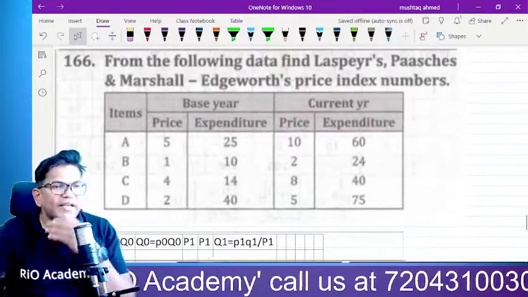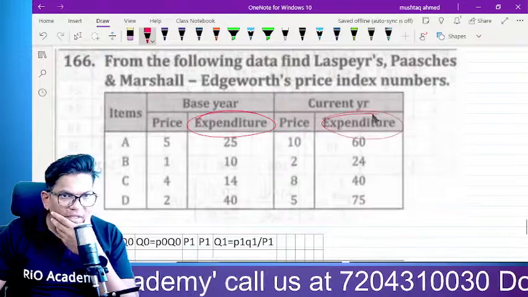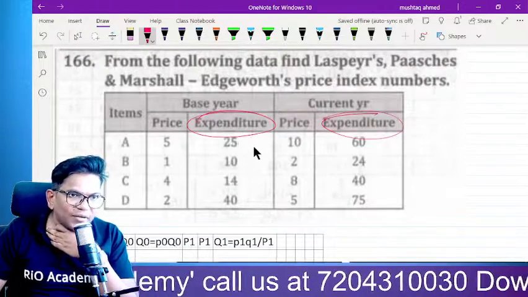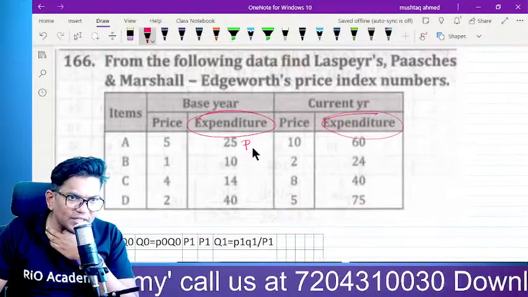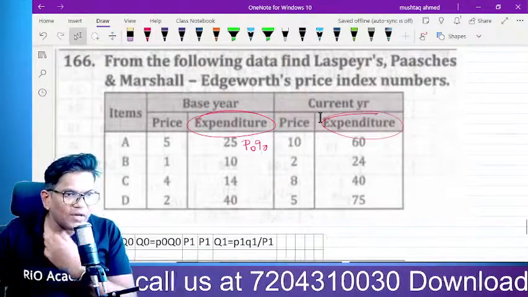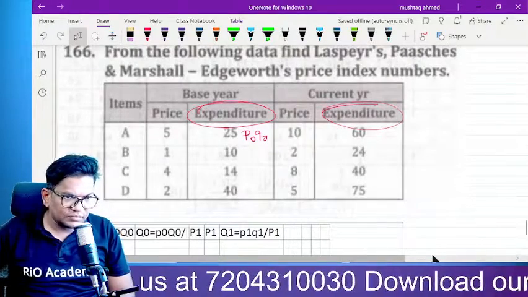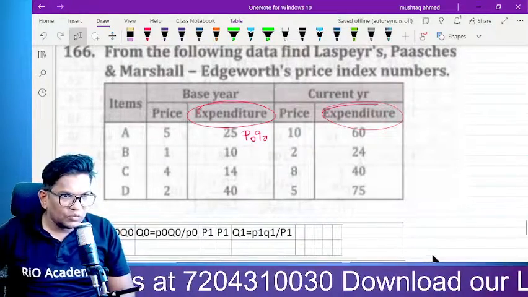Listen, they are given here expenditure, and this expenditure is nothing but P naught Q1. With this we can get what? By dividing by P naught, we get Q naught.